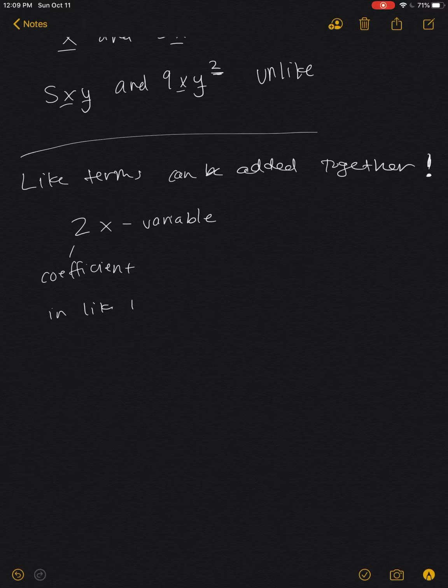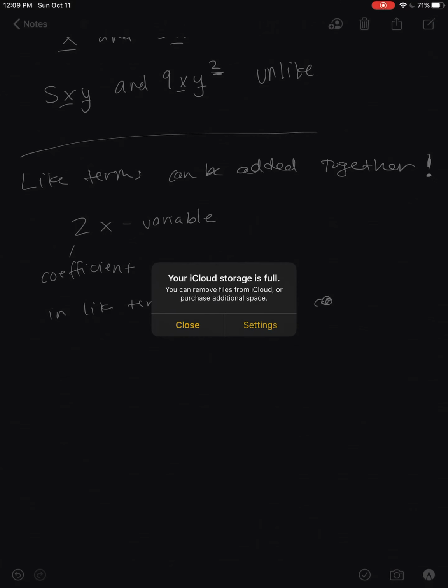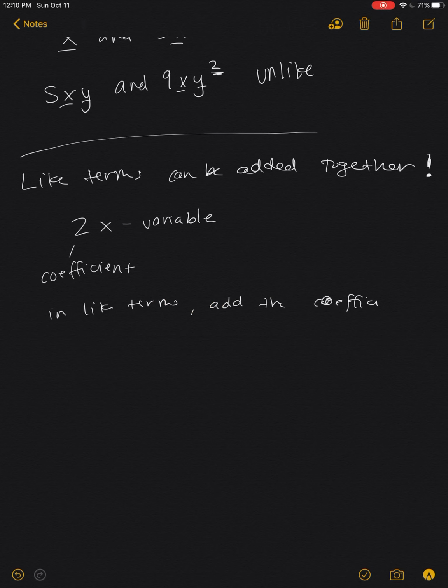So in like terms, you can add the coefficients together to combine them. Right, so just do some examples.